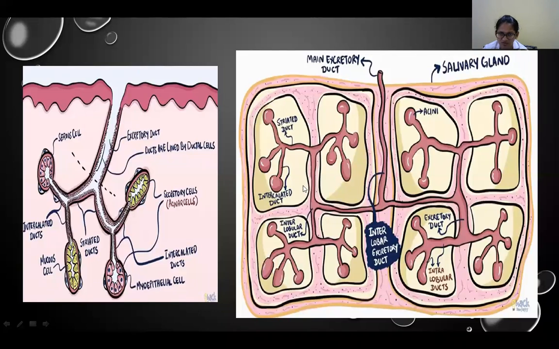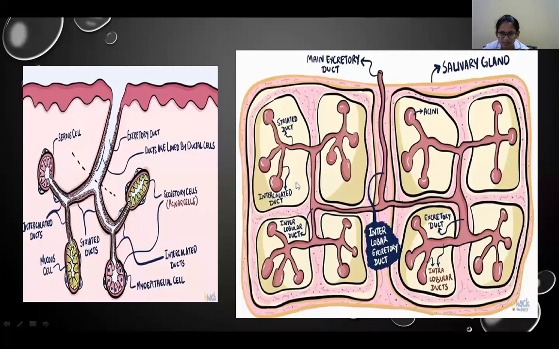See, these are the acinar cells, intercalated ducts and striated ducts. These intercalated ducts and striated ducts both lie in the intralobular part. Both these ducts are intralobular ducts.